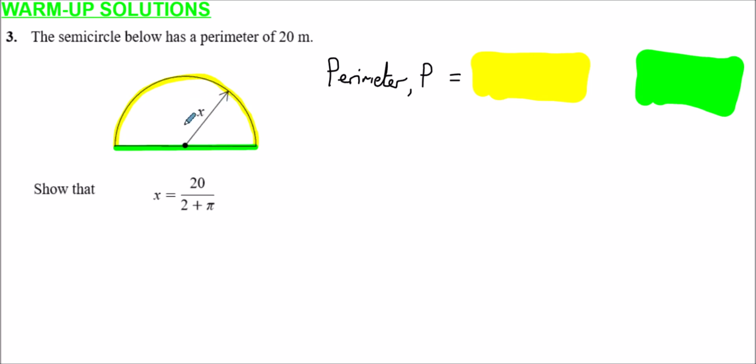We now say here it's 2 pi x, because r is x. But of course this is only half the circumference, so I need to divide this by 2. And plus on the straight edge, which is going to be the diameter, which is going to be 2 multiplied by the radius, which in this case is 2x.